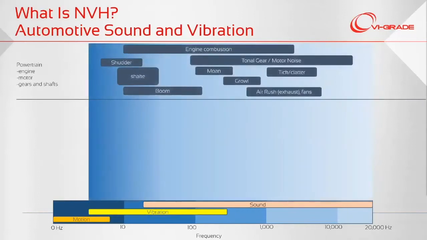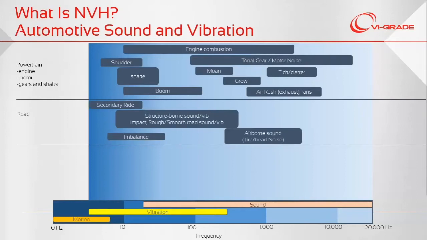Now that could take the form of powertrain sound and vibration, so that's anything coming from engines, motors, gears and shafts. And you'll hear lots of different terms for those. I've thrown a few up here with shake and boom and tonal gear noise, engine combustion, moan and growl. These are terms you would hear for powertrain NVH issues.